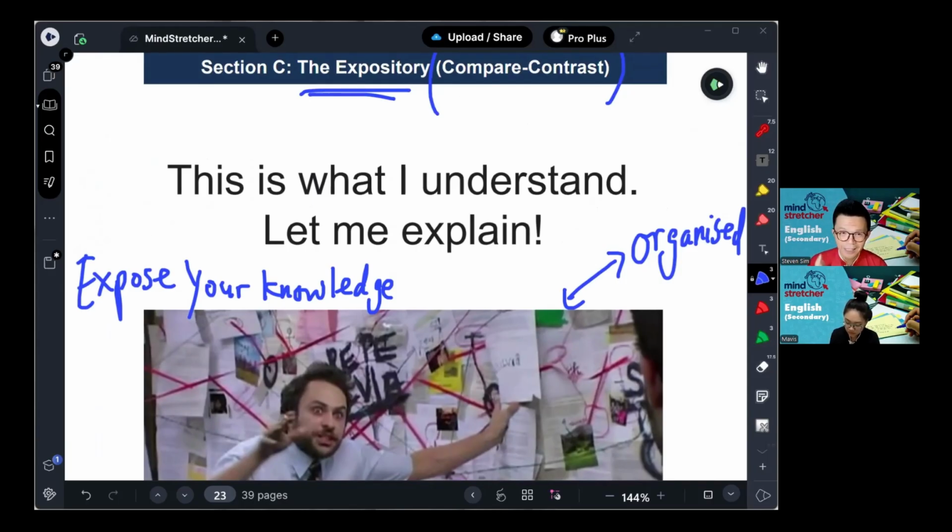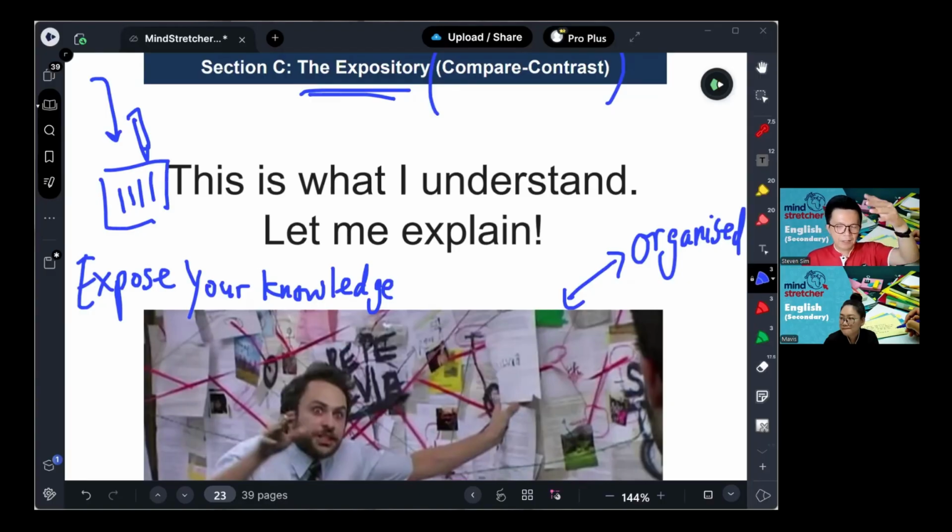A lot of the times when we write and we are struggling to write, correct? We are stuck in our heads and then we are thinking, okay, what do I write? But your expository essay is about helping your reader to understand, to see what you know.